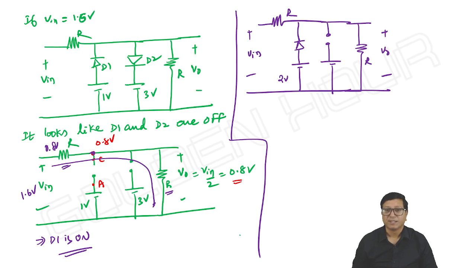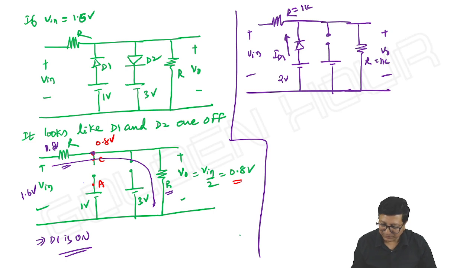Okay, so there will be a current flow ID1. I can write ID2 is anyway 0. What is that ID1? We can calculate it if I know the resistor values. For the time being, I'm writing 1K, 1K. You can write 10K, 10K also, doesn't matter.